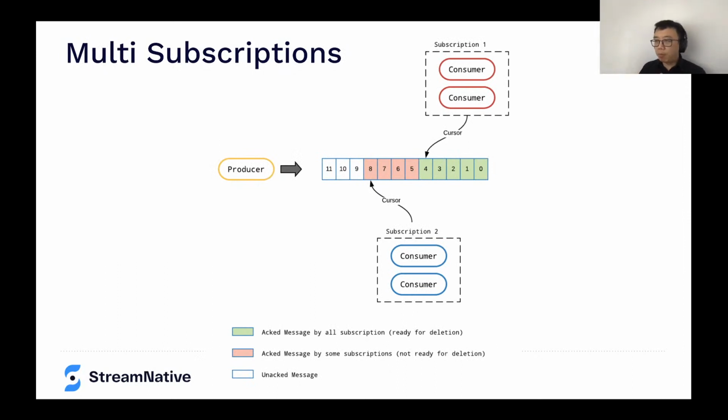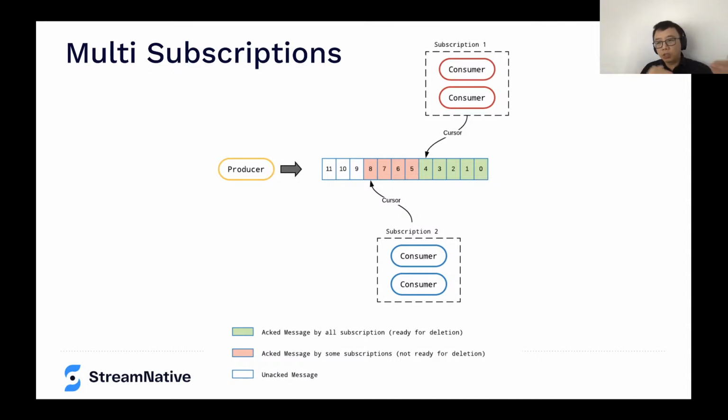So until now, we know, okay, in Pulsar we have a log, we have a subscription, and each subscription has a cursor to maintain the consumption state. But if I have multiple subscriptions, and all of them want to consume the same set of data, each subscription would just place a cursor in this topic partition.